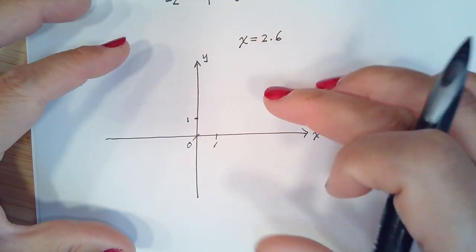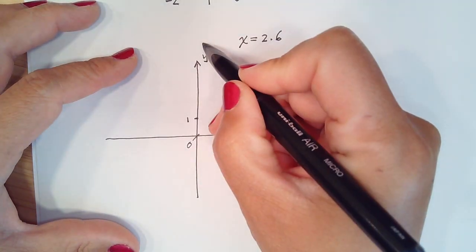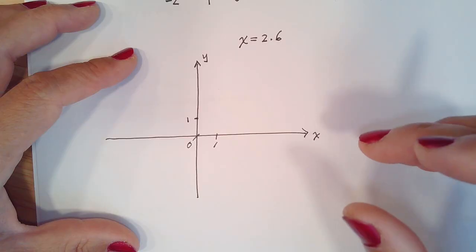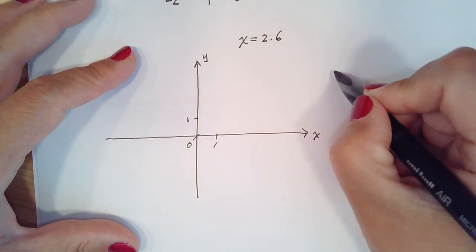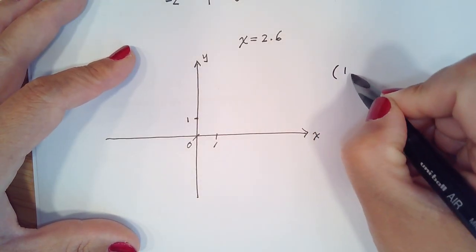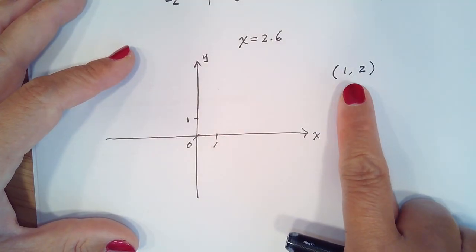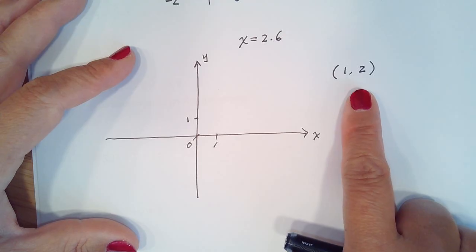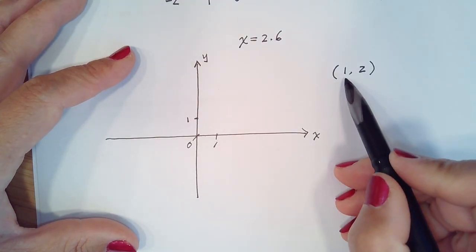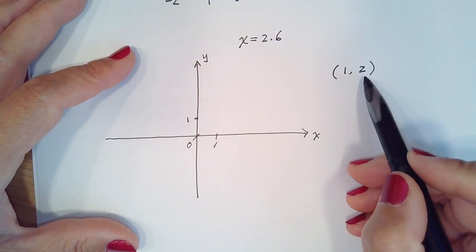That is x, that is y. If I give you a paired number, for example, 1, 2, this is called the coordinates of a point. This 1 is called the x coordinate, and the 2 is called the y coordinate.